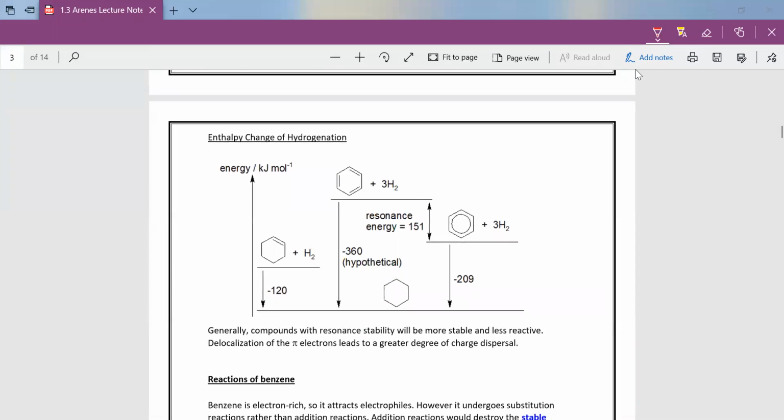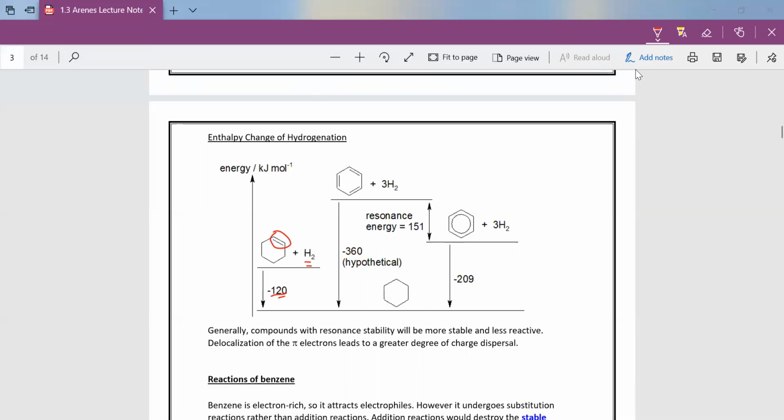Okay, so proof of the delocalization of this resonance structure. What scientists did was hydrogenate 1 CC double bond, and they realized that it gives out 120 kilojoules per mole.